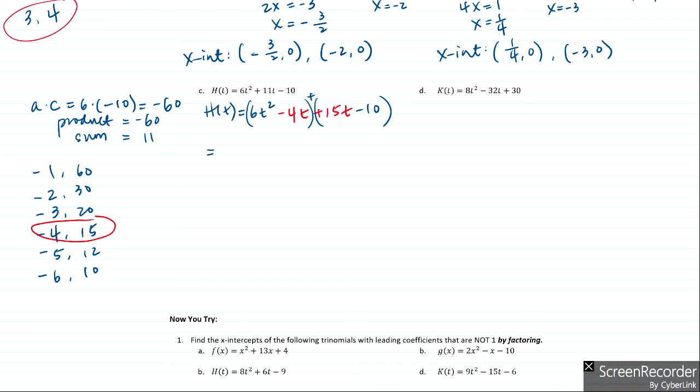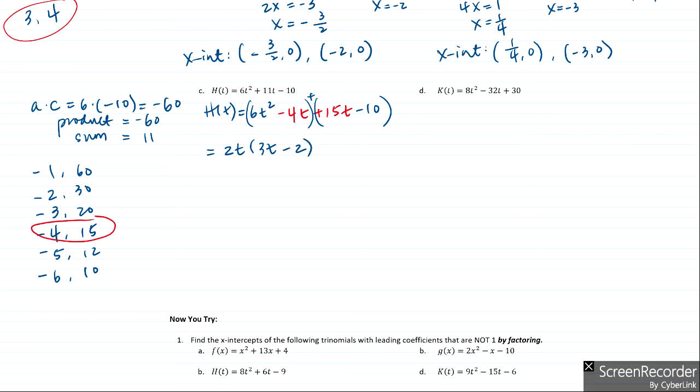Once we have this form, in the first group make sure you check all the factors they have, whether it's constant or the variable. In this case, between 6 and negative 4, you should have a factor of 2. Between the variables, we should have the lowest degree of t, which is t to the first. And that leaves me from the first term, 6t squared divided by 2t leaves me 3t, and negative 4t divided by 2t gives me negative 2.